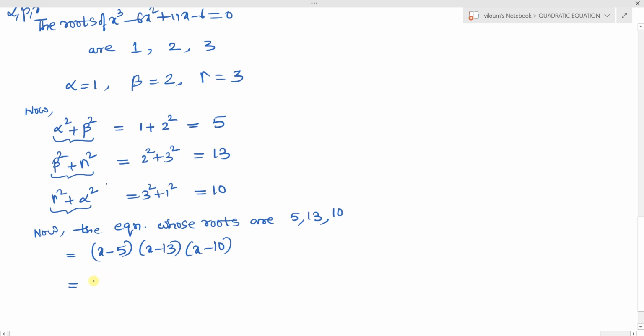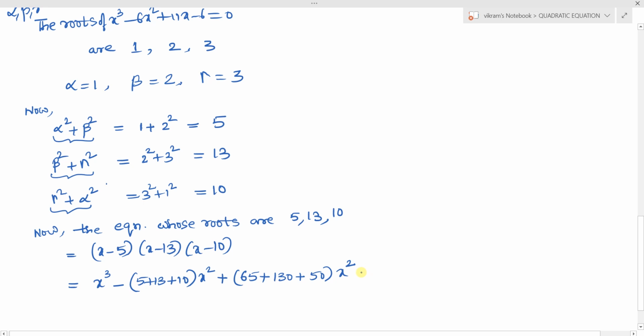Then how to simplify this? x cube minus the sum of the roots, 5 plus 13 plus 10, into x square, plus the sum of the product of the roots taken two roots at a time, that means 5 into 13, 13 into 10 plus 10 into 5, which is 50, into x.